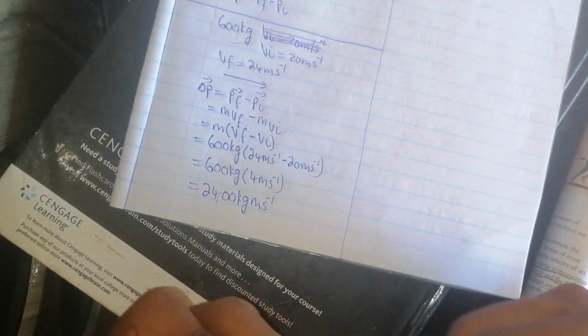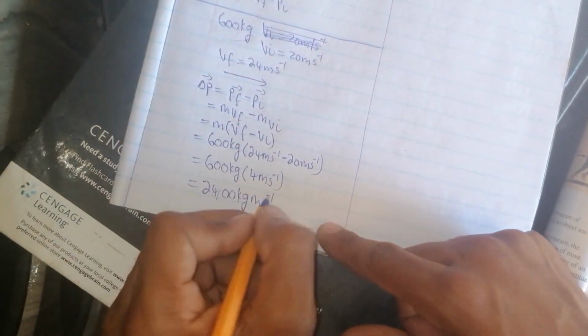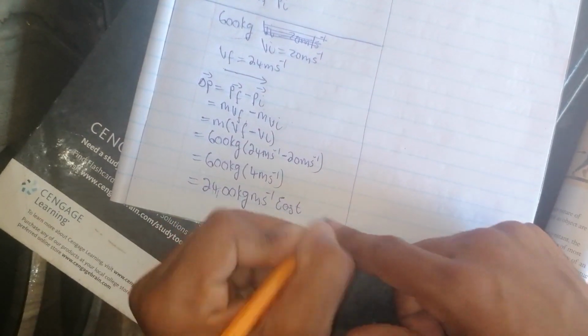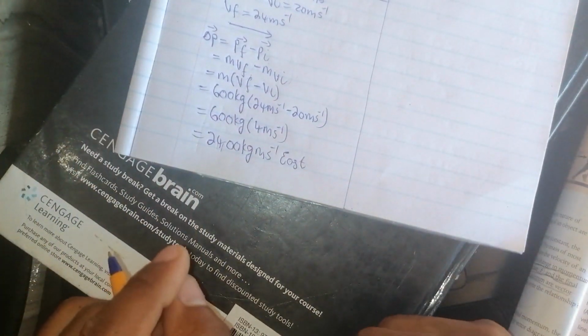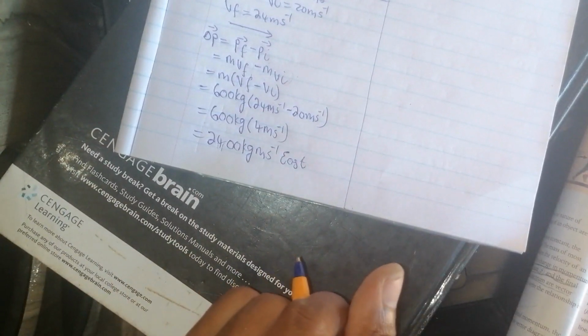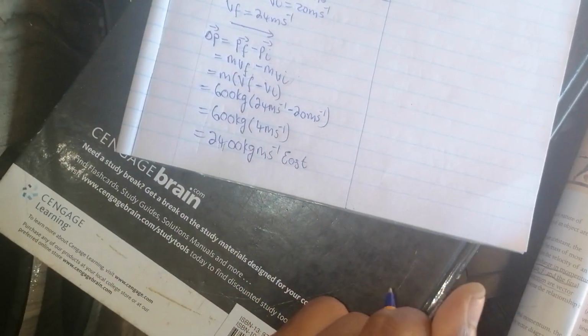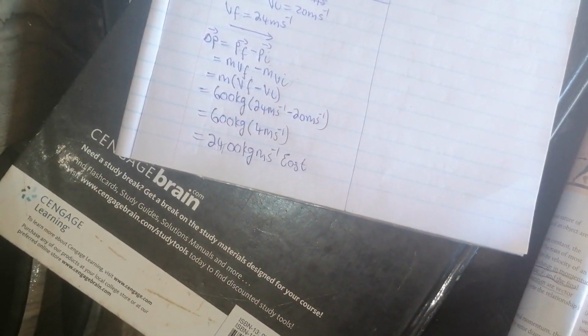So in which direction? In the easterly direction, or you can just say east. So the momentum would be 2400 kilogram meters per second east. That would be the change in momentum.